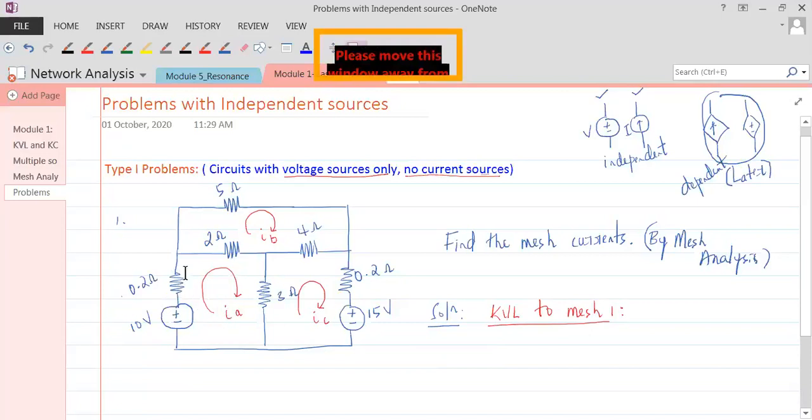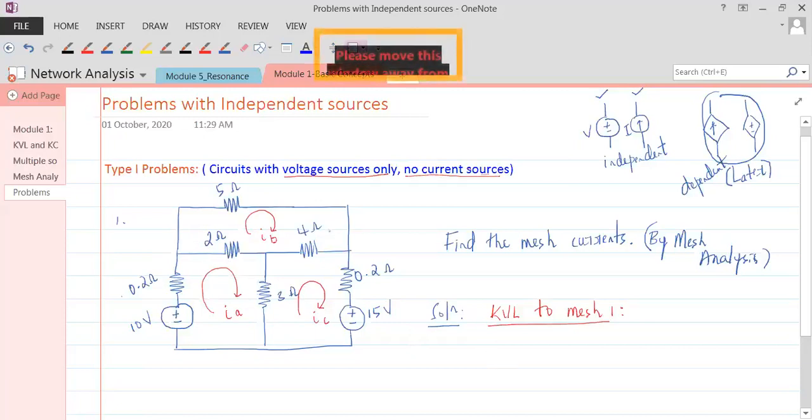But when the same current comes across these 2 ohms, not only IA is flowing through these 2 ohms, IB is also flowing. But since we are operating in mesh 1, when we are moving to the right, IB is moving to the left. Everybody understand? So that's why it is IA minus IB into 2.